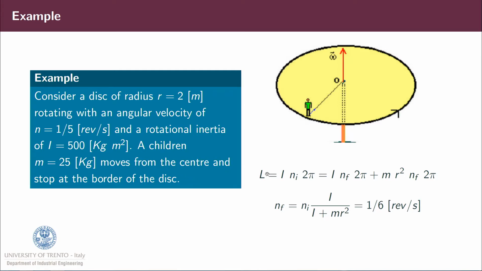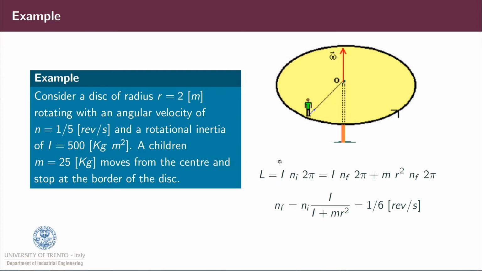In this case, the angular momentum is equal to the moment of inertia times the angular velocity at the beginning, which is equal to the moment of inertia times the angular velocity at the end plus the mass of the child times r squared times the rotational velocity at the end.